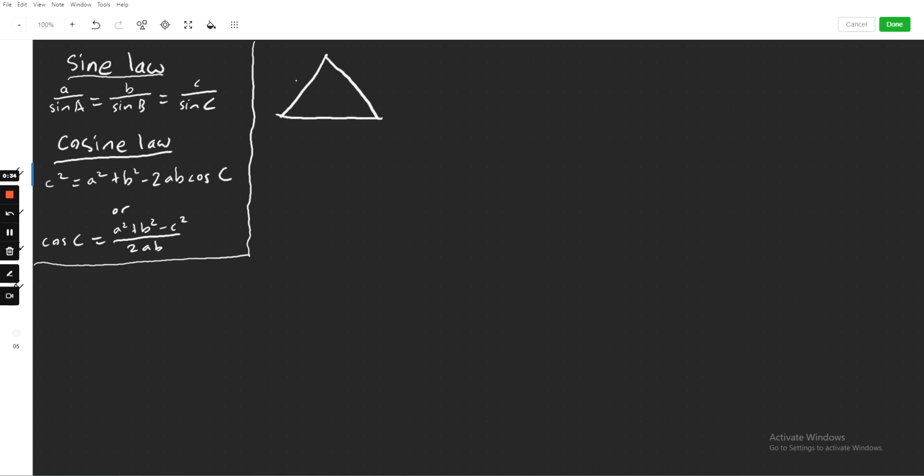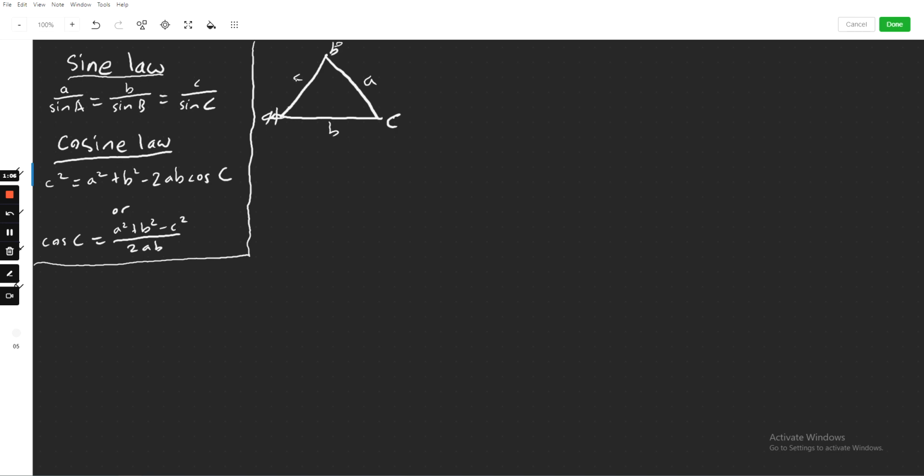So we have angles A, B, and C. Then we have opposite, which is lowercase a, opposite, which is lowercase c, and opposite, which is lowercase b. So when we're given an angle and the opposite side length, it'll be equal to the other opposite angle and side length within a triangle.